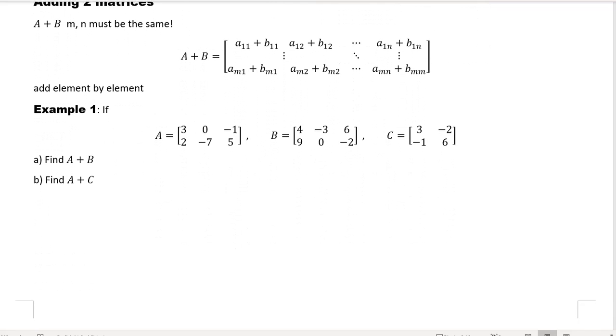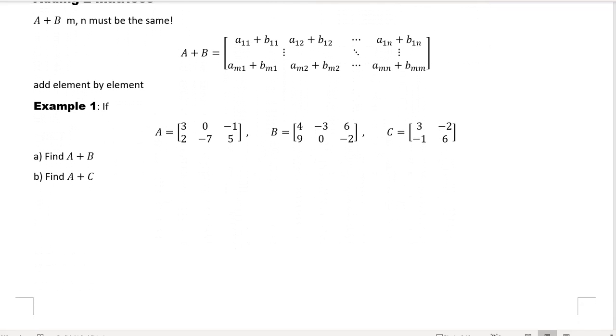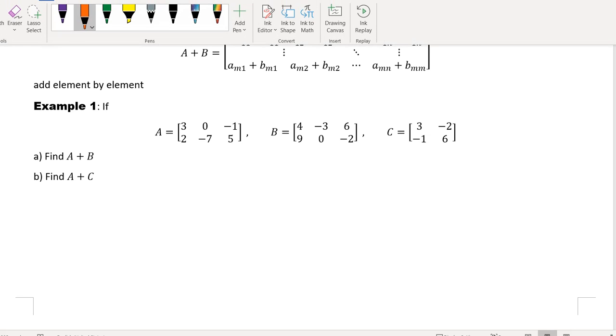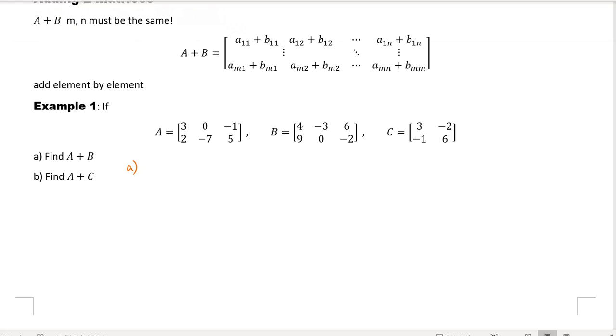Okay, so let's look at the following example. Part A. What is the matrix A plus B? Well, we just add the entries respectively. So for the 1 1 entry, we have 3 plus 4. The 1 2 entry, we have 0 minus 3.